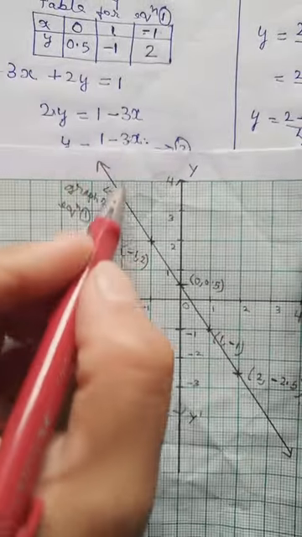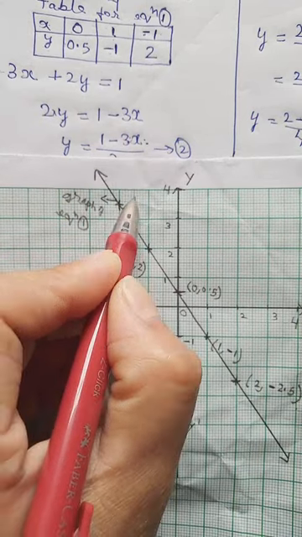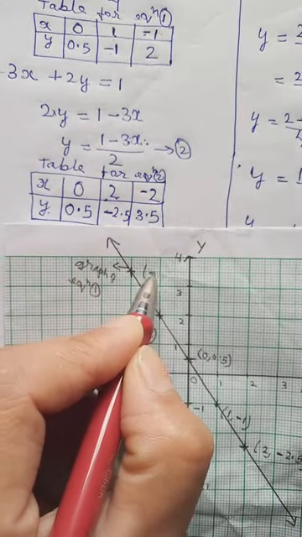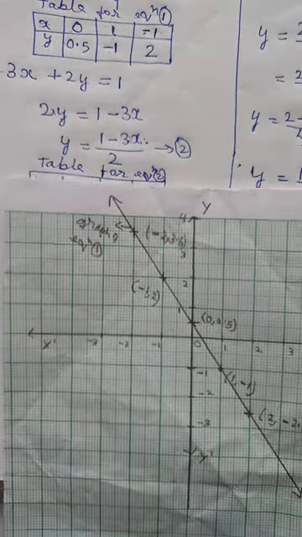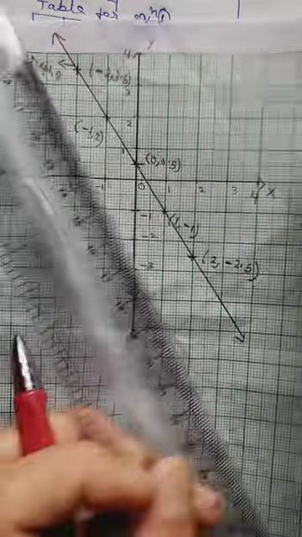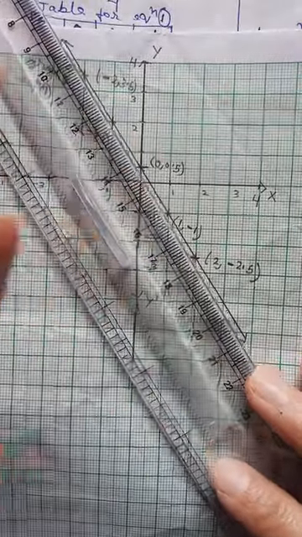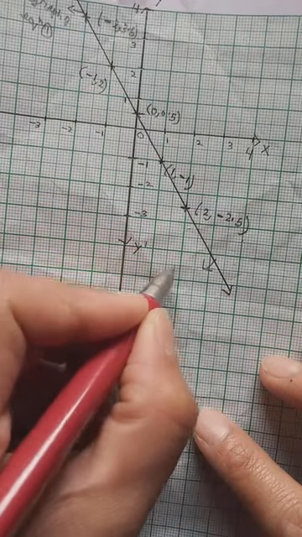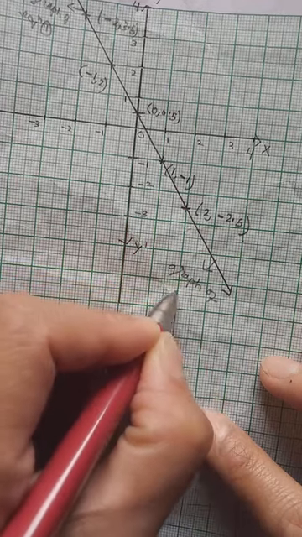So again, exactly it will be here on the same line. So here you don't need to join because it falls on the same line. If it is less, use the same ruler, mark properly, then extend it down and up so that they will join. Here they happen to be the same graph, so it will also be the graph of equation 2.